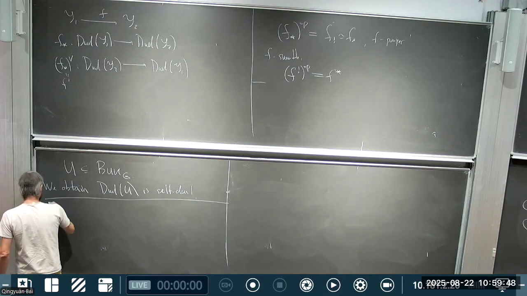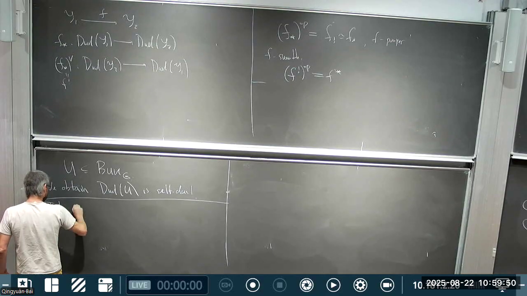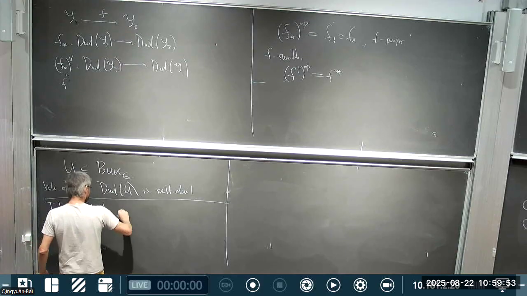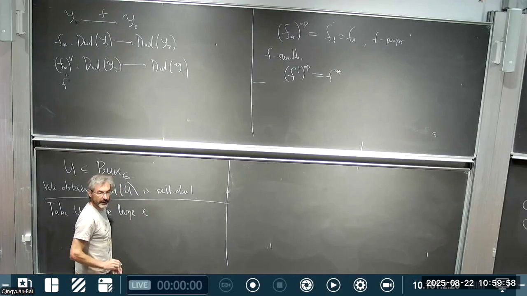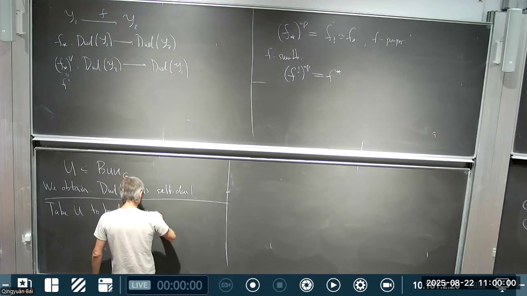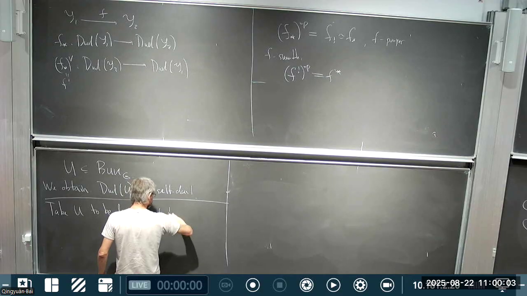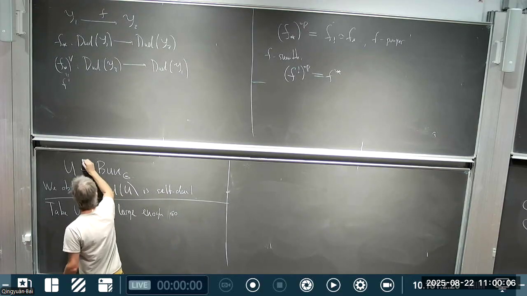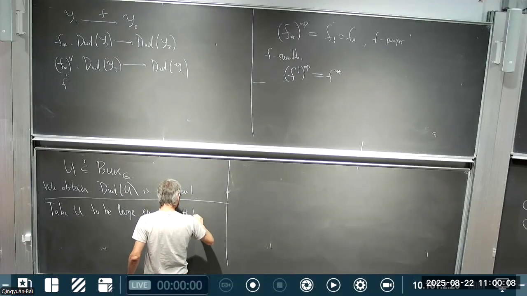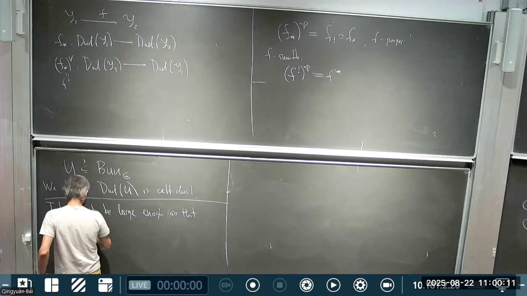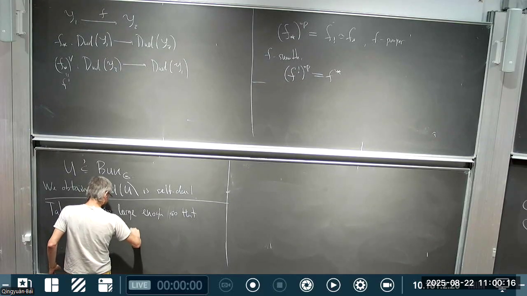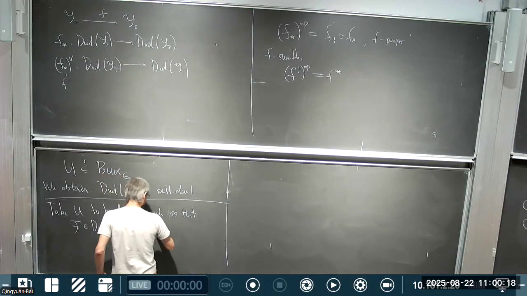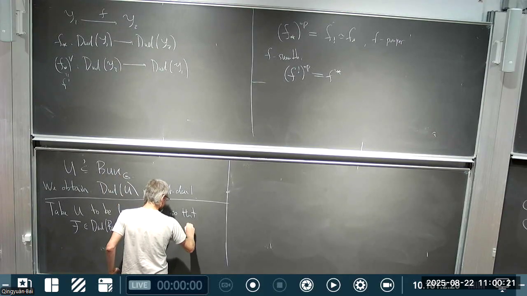So you say to take U to be large enough, so that if F is in D-mod G, then F being j star of F star, F is an eigensheaf, so that's what Justin said. There exists U such.